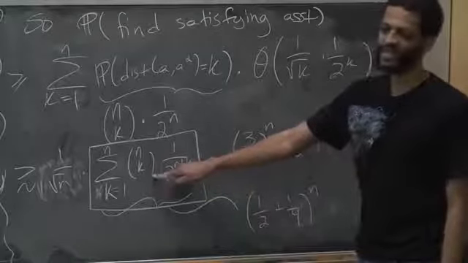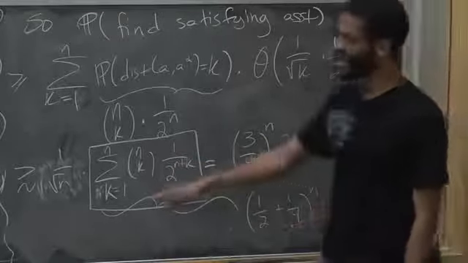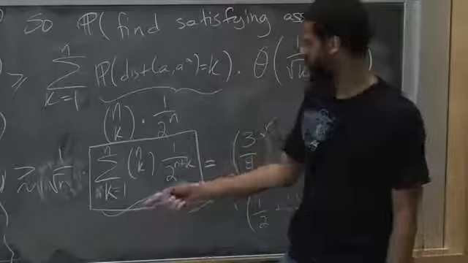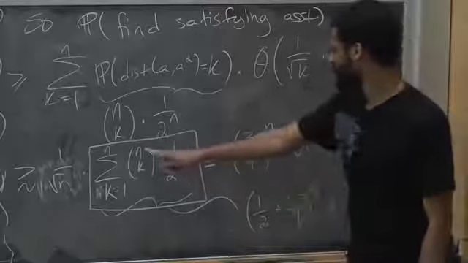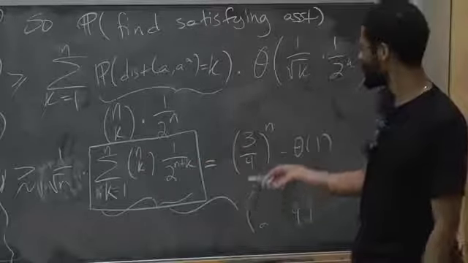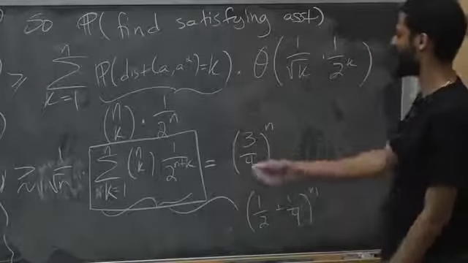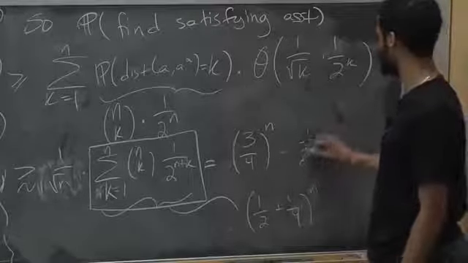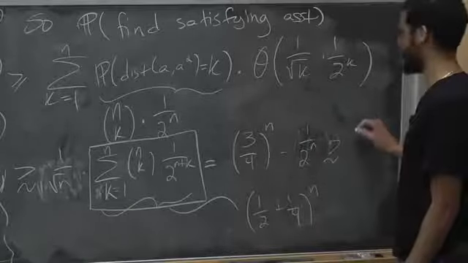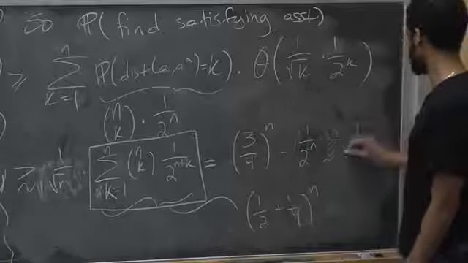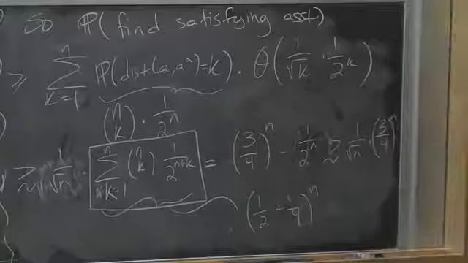And there are n choose k ways of doing that. So really, this is the expansion of this, except we're missing the k equals 0 term. The k equals 0 term gives you n choose 0, 1 over 2 to the n. So you're losing the 1 over 2 to the n. So this is exactly equal to this minus 1 over 2 to the n. So this whole thing is at least 1 over root n times 3/4 to the n.